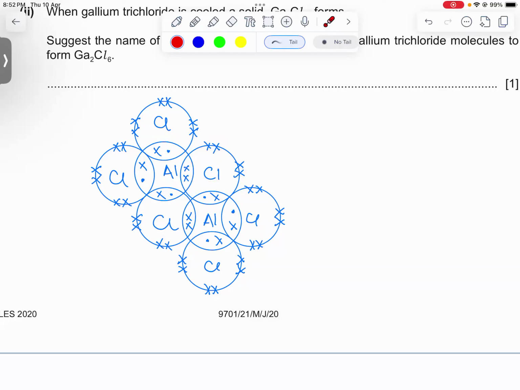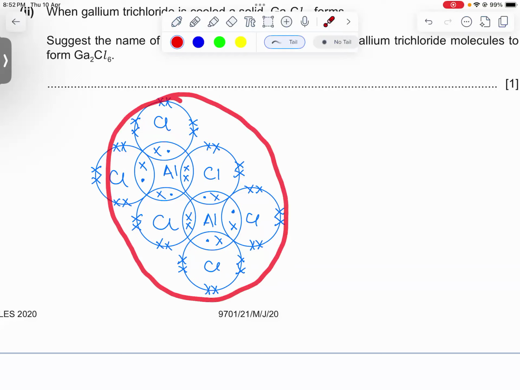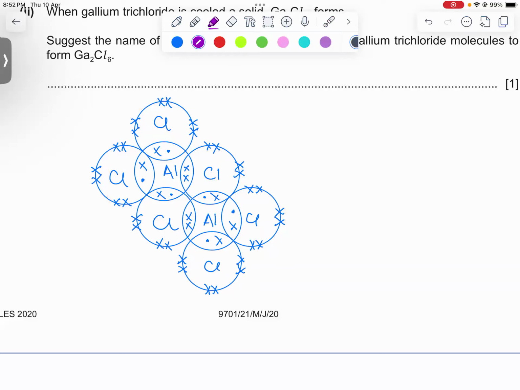This way everyone has 8 electrons in its outer shell, but you can see that these pairs of electrons are given by one atom alone, right? Aluminum has not donated any in this bonding. So these bonds are called dative bonds. Dative bonds are also called coordinate covalent bonds, right? These are the dative bonds.